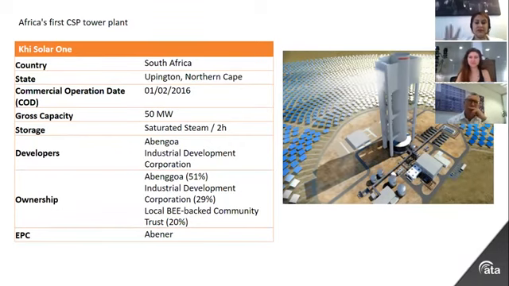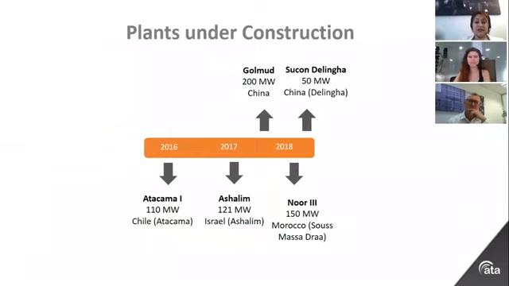So it's important that we understand this. Abengoa in those terms had PS10 and PS20. They scaled it up to 50 megawatts here in South Africa, but they never started molten salt storage until they went to the next part, which are the plants that are now under construction.